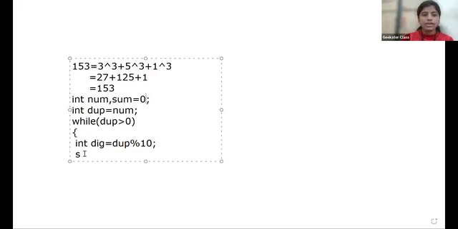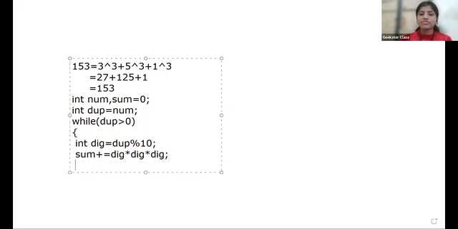Then you have to add to sum digit into digit into digit, just to take the cube. Next, we have to modify this dupe for taking the next digit. If you want to obtain 5, you will have to divide this dupe by 10.